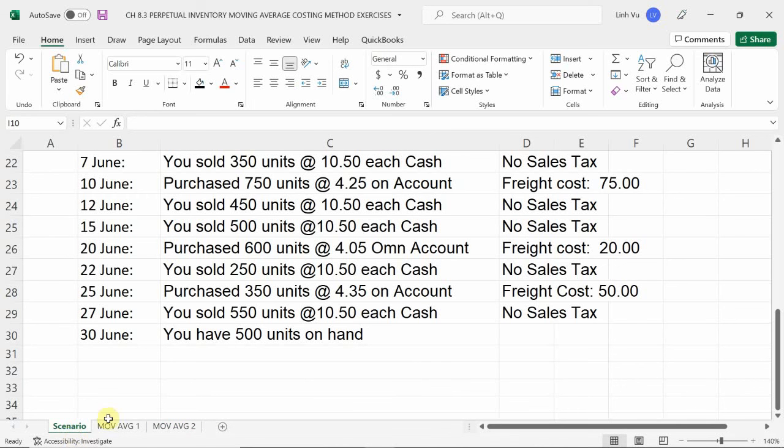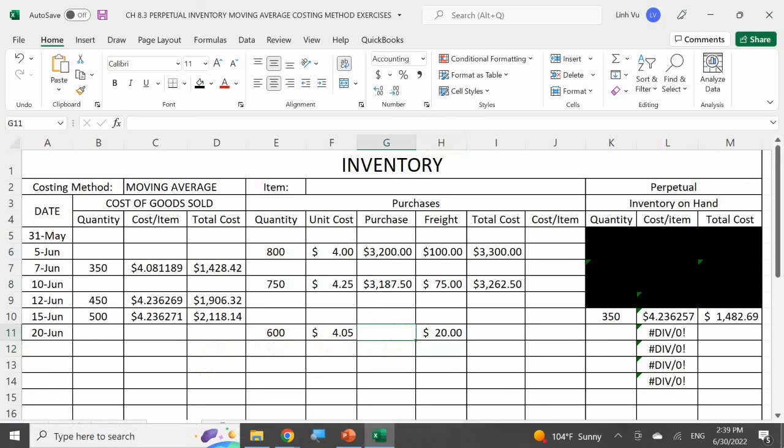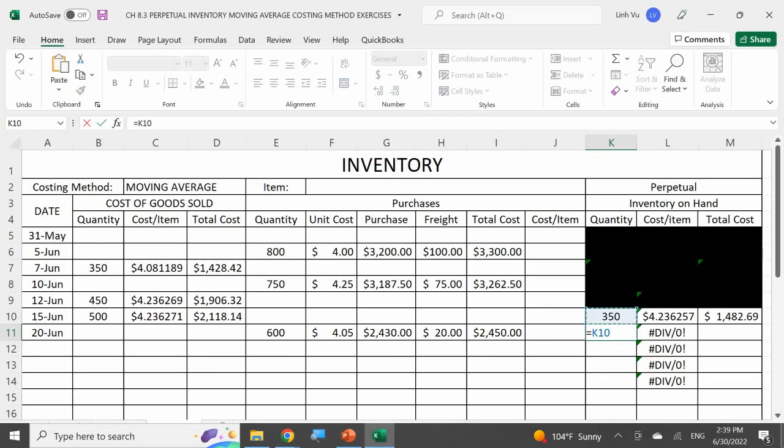Okay, so what is my purchase price? $2,430. Okay, make it plus 20, 2450. Okay, so we got to add that to my inventory, right?